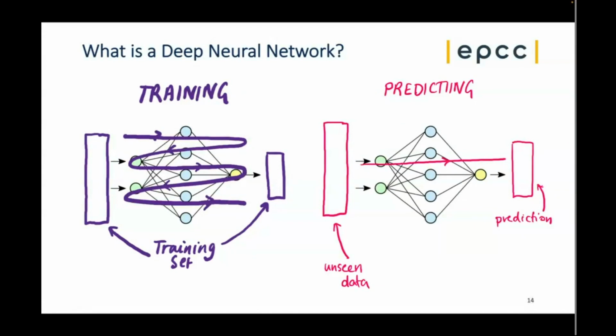And in terms of the flow of information, the flow of the data through the neural network, I think we mentioned yesterday that training is computationally more expensive than predicting on the whole. That's because with training, we pass data backwards and forwards through this network. We repeatedly send things forward, we compare them to the output that we get here, and then we go backwards, and then again we put in a bit more data or the same data again, compare it to the output, and move it backwards.